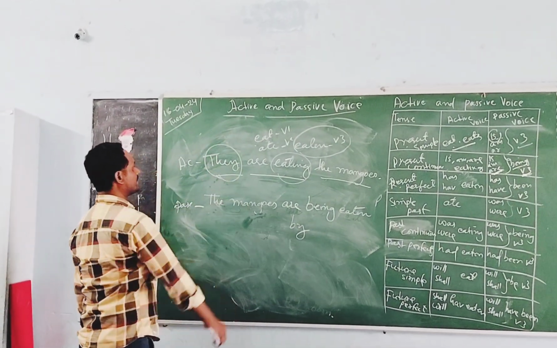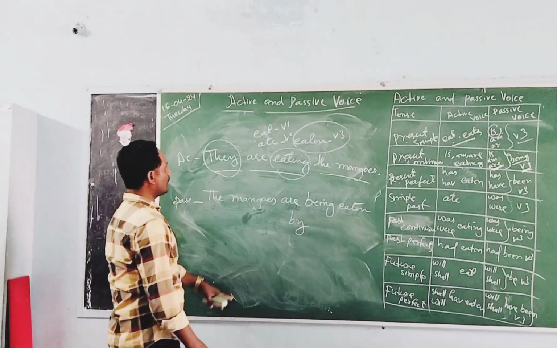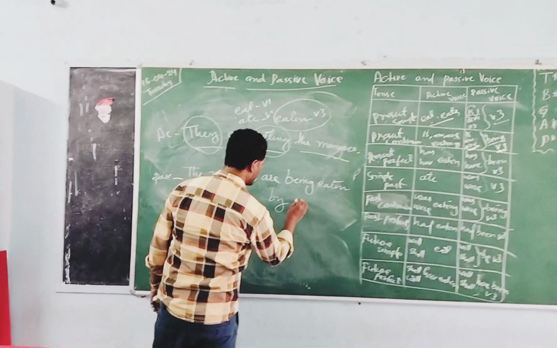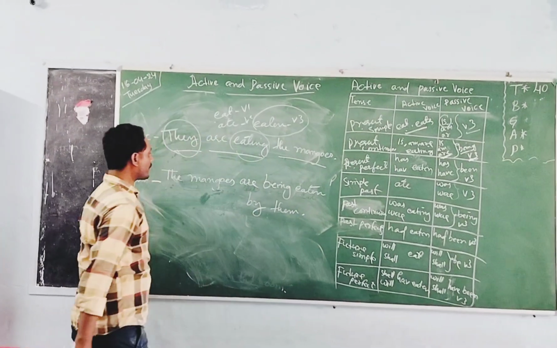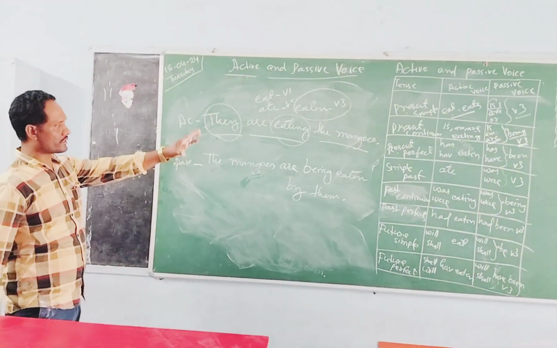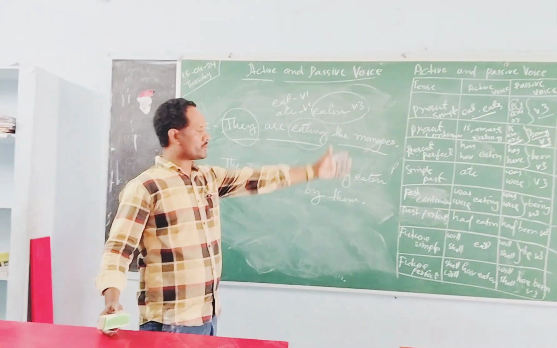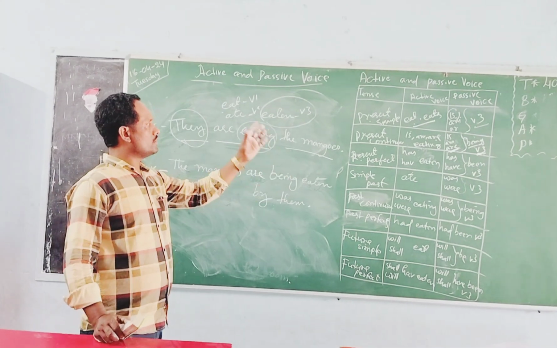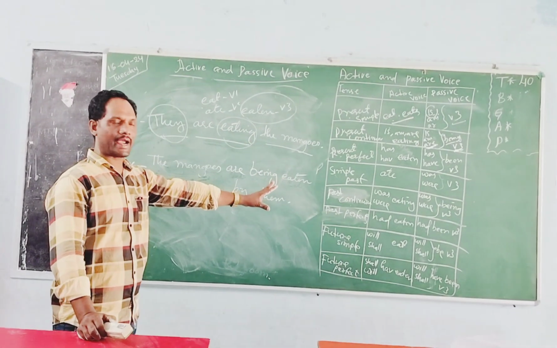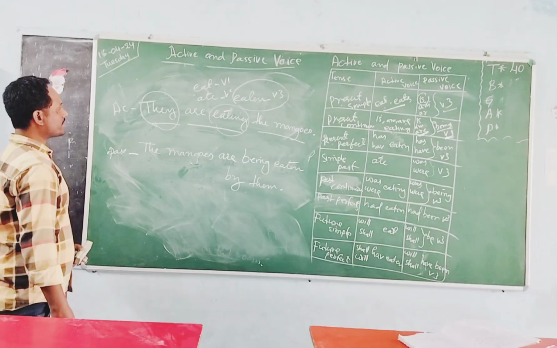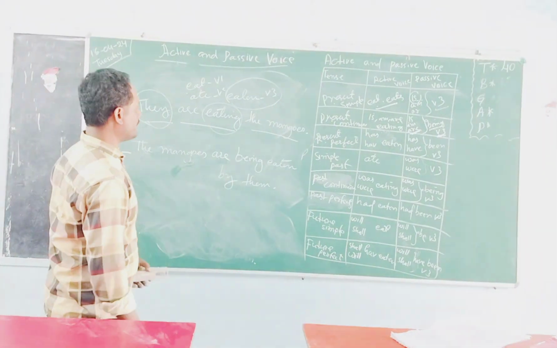I told you, the subjective pronoun they will change into the objective pronoun, that is them. Okay, these are our rules according to the tenses. If you learn these tenses, it will be very easy to change active voice into passive voice. This is important. So present continuous completed.